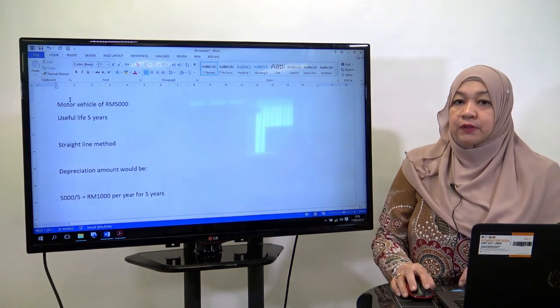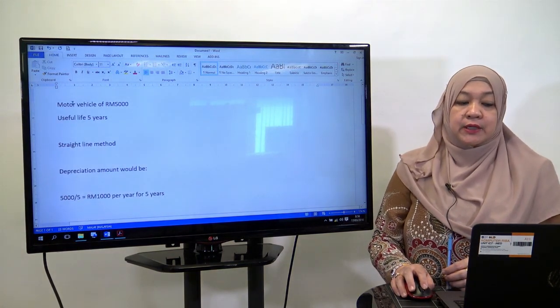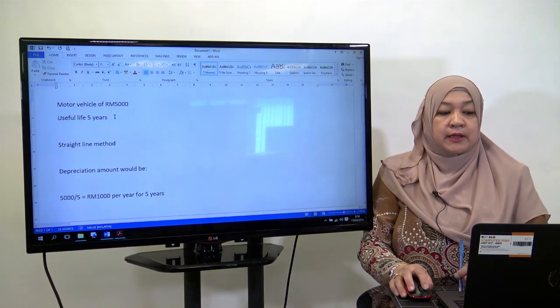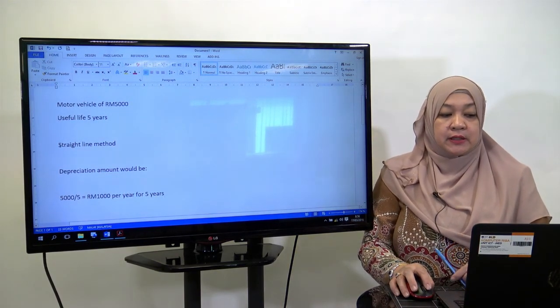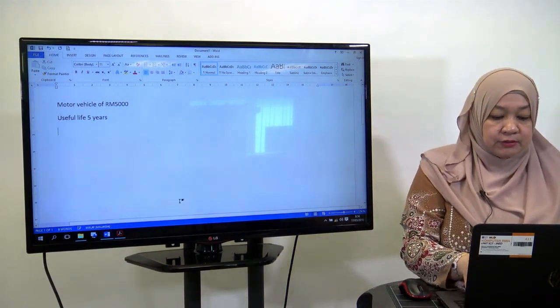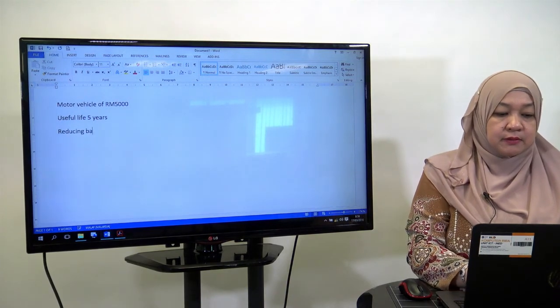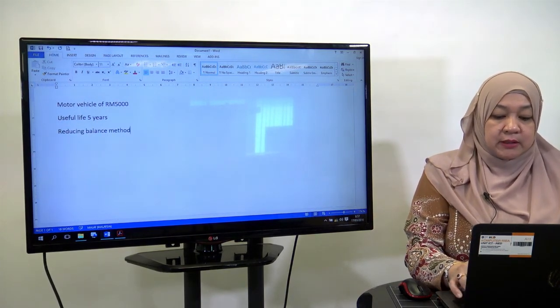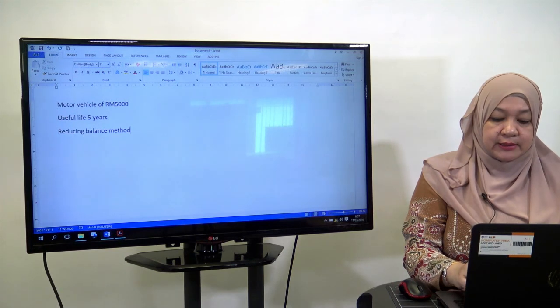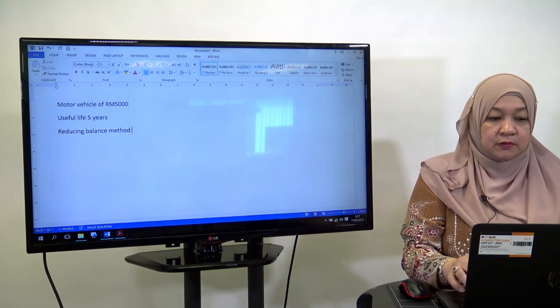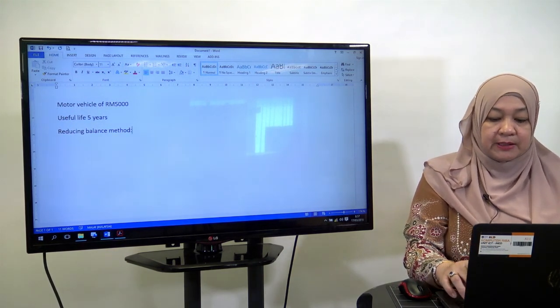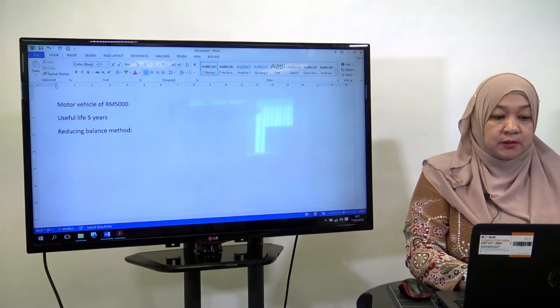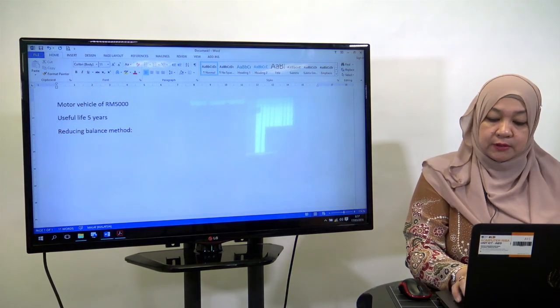Following the previous example, if the motor vehicle is 5,000 and the useful life is 5 years, and you want to determine depreciation based on the reducing balance method, then first what you need to do is determine the depreciation percentage from the useful life.